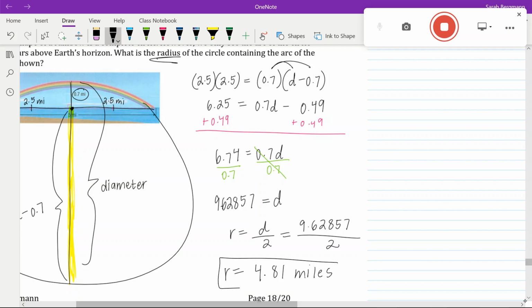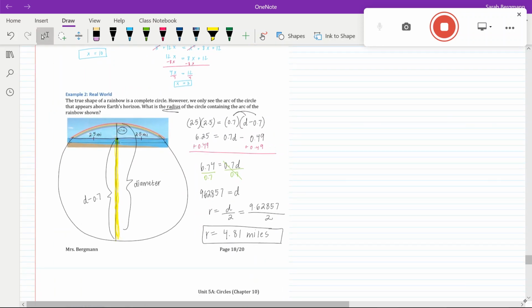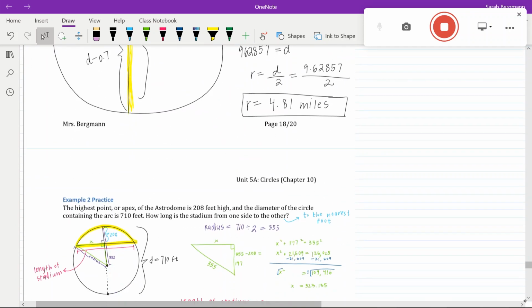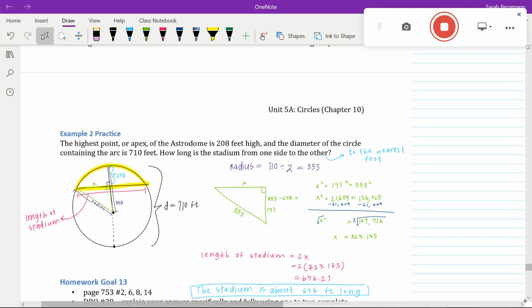All right, there's a practice problem for you on the top of the next page. I'd like you to pause and try it on your own. Here's the solution.